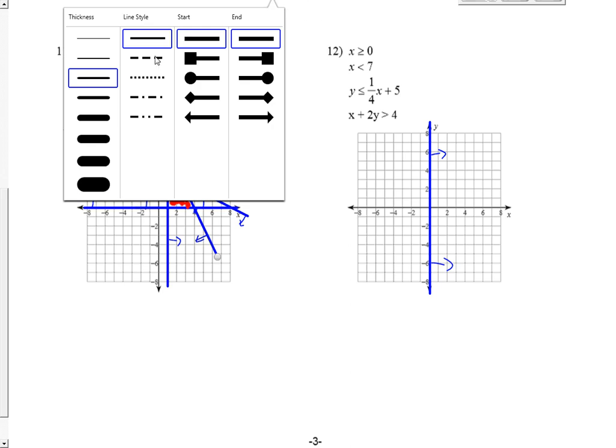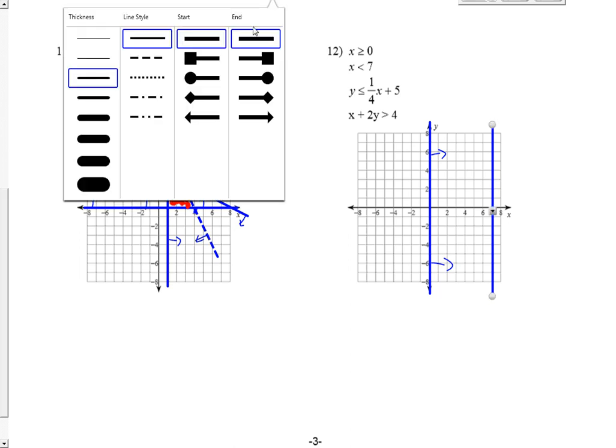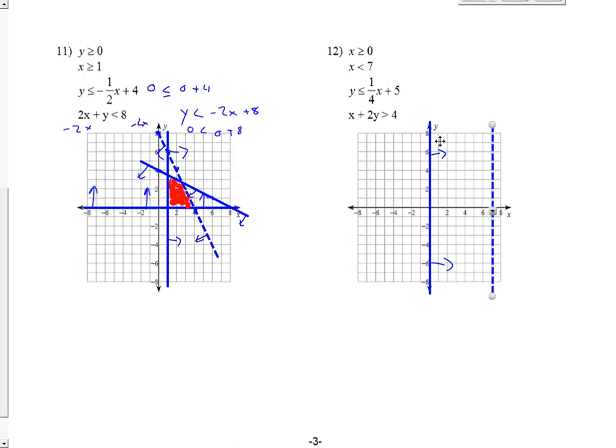So I need to change that. Okay, so there you go. So that's part of that graph. And yeah, so x is less than 7 is a dotted line. I'll go ahead and change that now. Okay, and for less than 7, we are shading to the left.